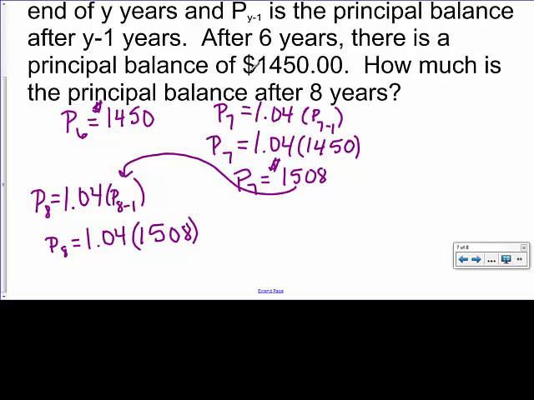And when I multiply that times the 1.04, that is going to give me p sub 8, or after 8 years, the principal balance will be $1,568.32. Pretend that looks like a 3.32 cents. Final answer.